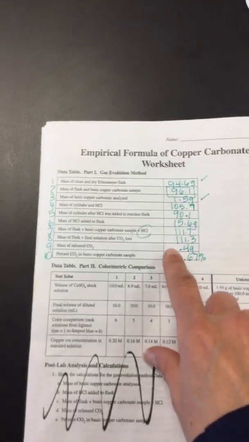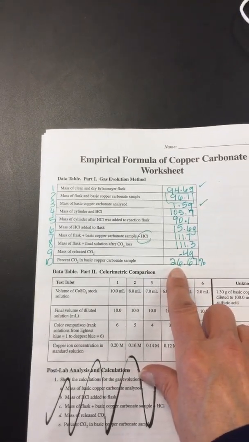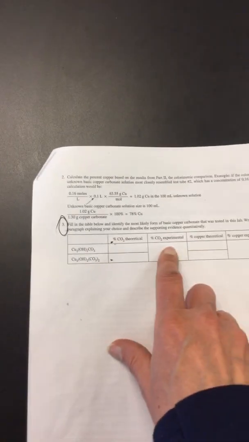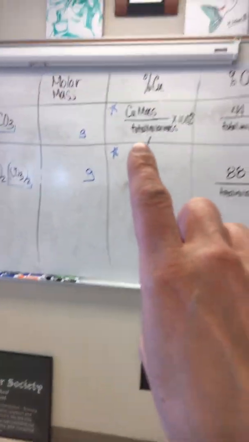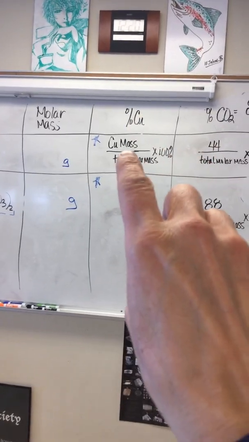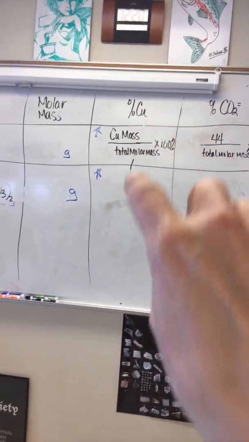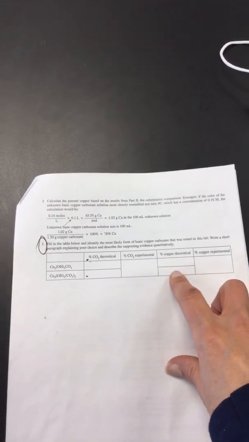The percent of carbon dioxide experimental, that is this number that Mrs. Noble calculated for you. That's the number you should write right there. Your percentage of copper theoretical, that you copied or you calculated right here on the board, those two numbers, you are going to put right there.